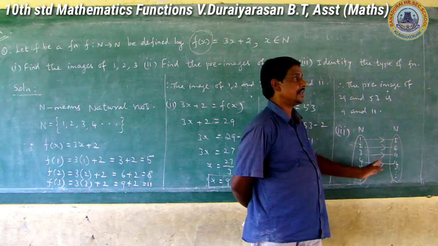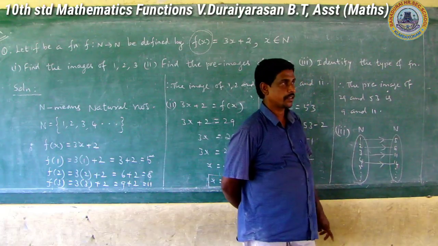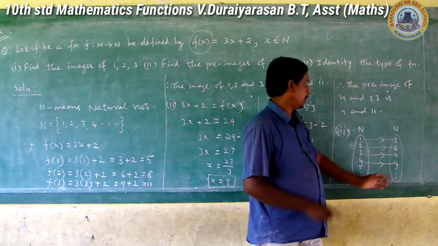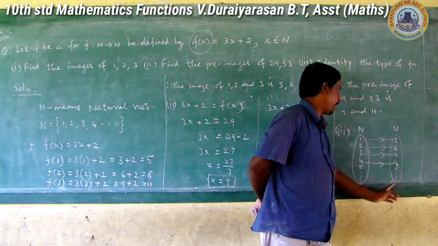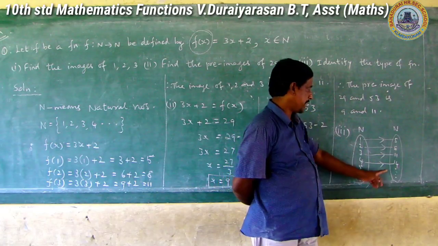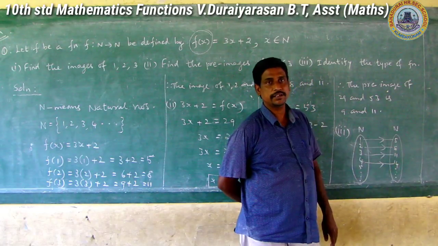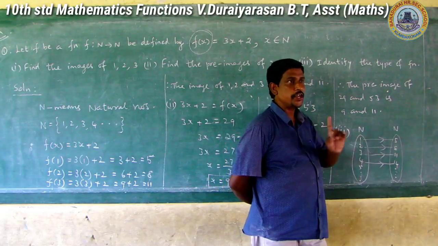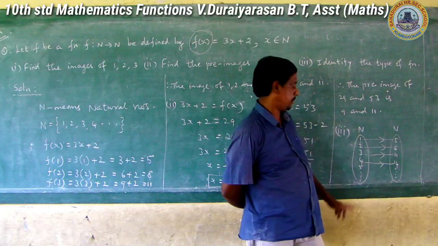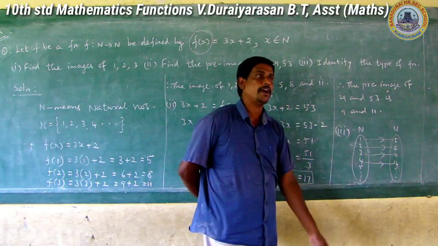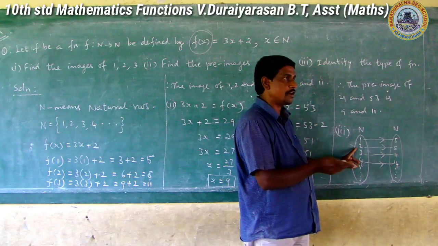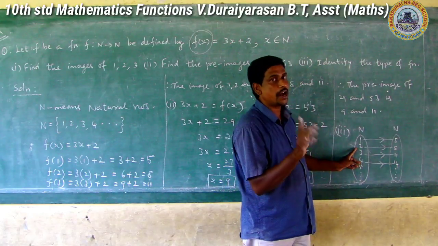Is it an onto function? Onto function means the codomain is equal to the range. Here the range is not equal to the codomain. So this is a one-to-one function, but not an onto function.